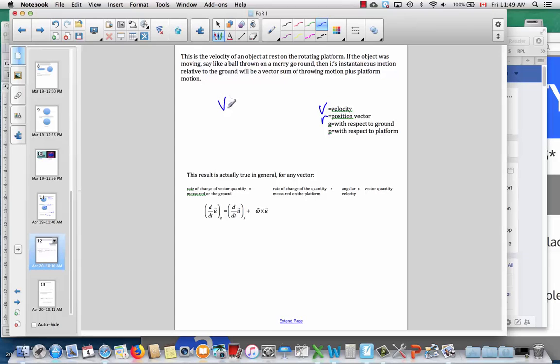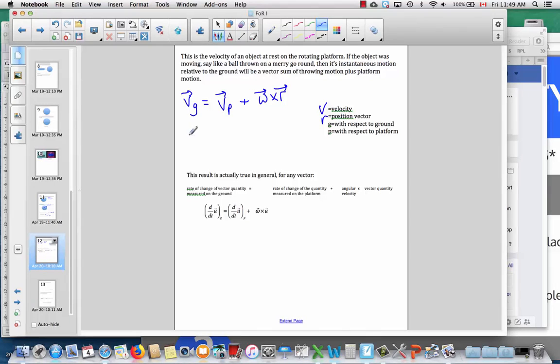So the ball would have some velocity measured relative to the platform, and its velocity measured relative to the ground would be a vector sum of how fast you're throwing it on the merry-go-round plus this extra term that we just derived for the motion of the point B. And so that's due to the rotation. So that's how to find the velocity on the ground of an object that's moving in the merry-go-round reference frame.